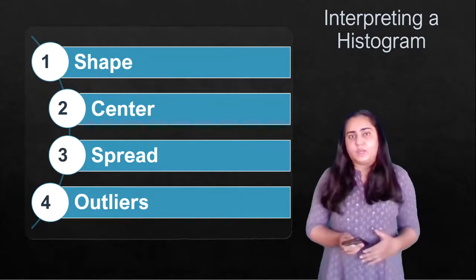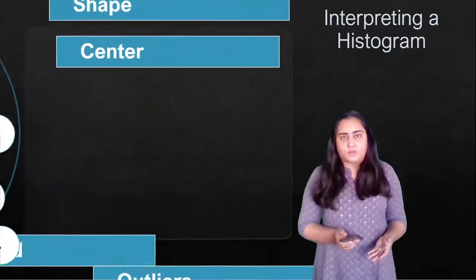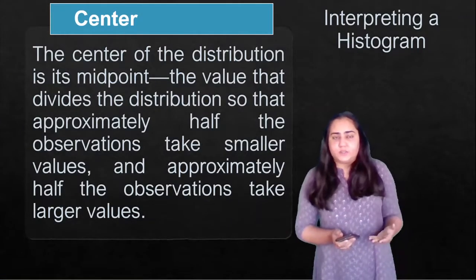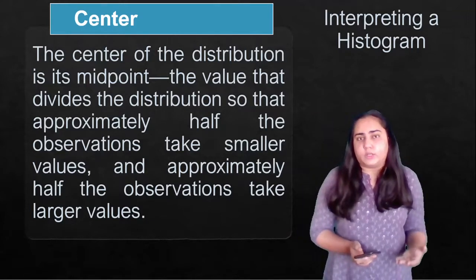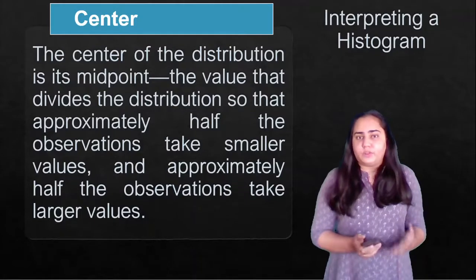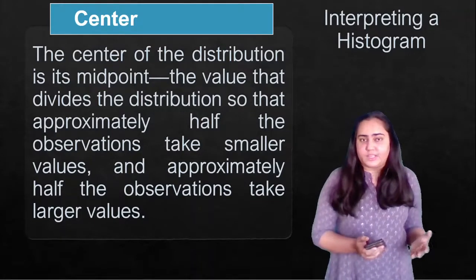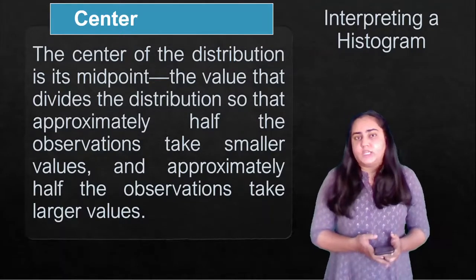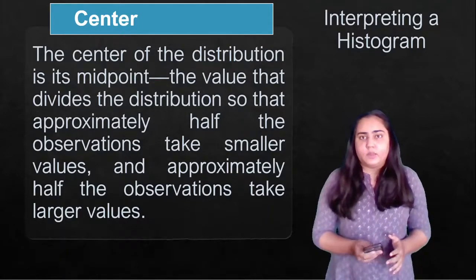Now let's take a look at the center of the histogram. The center of the distribution is its midpoint. It is the value that divides the distribution so that approximately half the observations take smaller values and approximately half the observations take larger values.